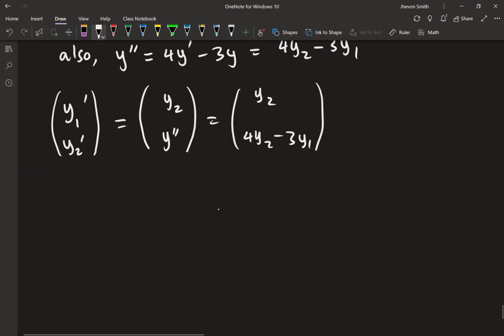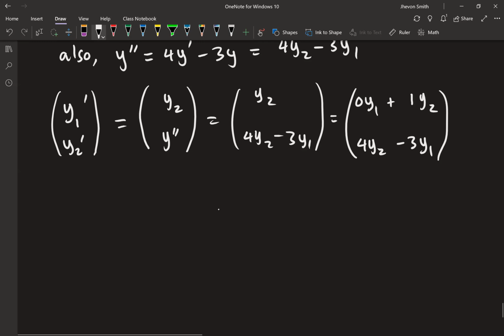So this is equal to 0y1 plus 1y2, and down here I have 4y2 minus 3y1.